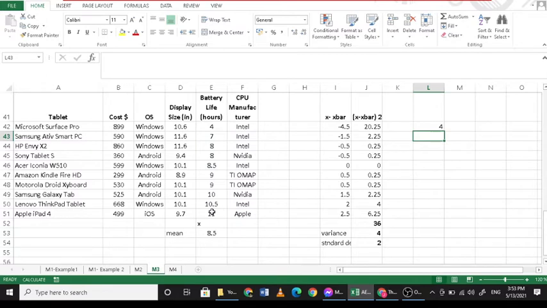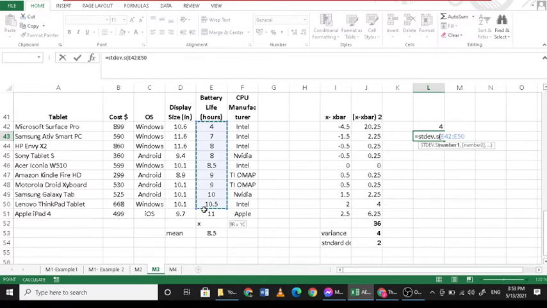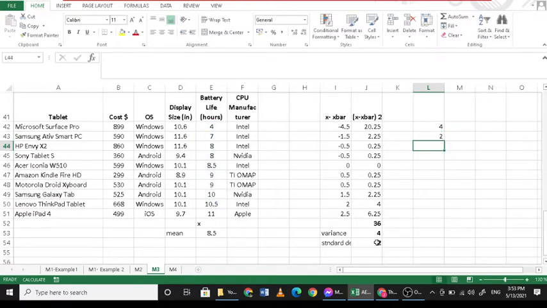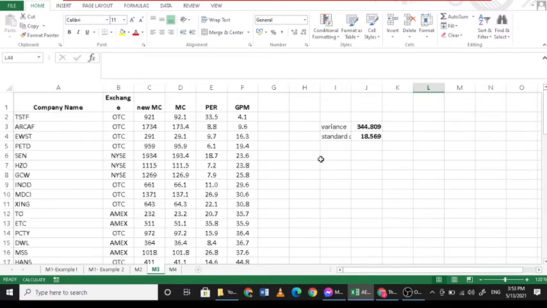That's 4. Then STDEV.S, also selecting the battery life, and that's 2, which is similar to your variance and standard deviation. You can do that, class.